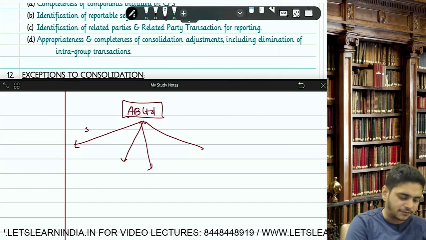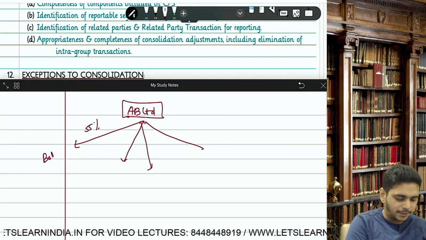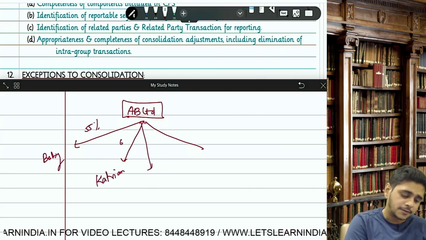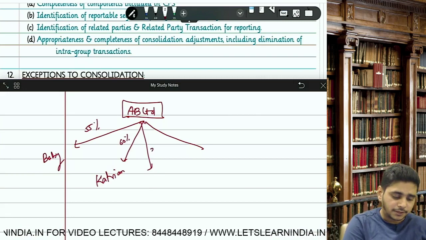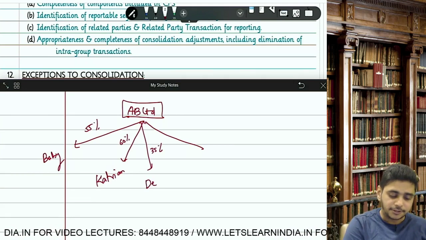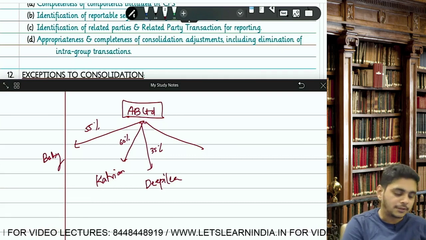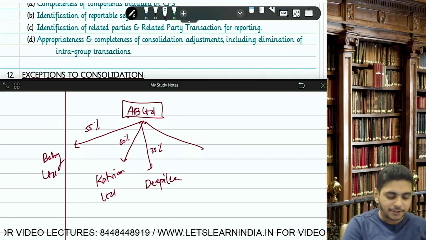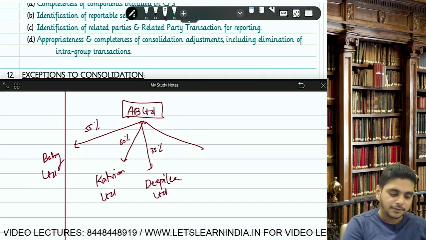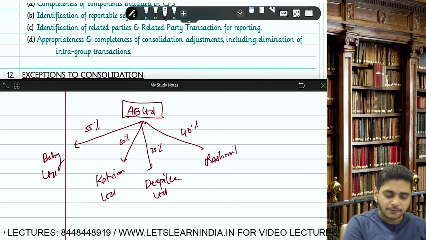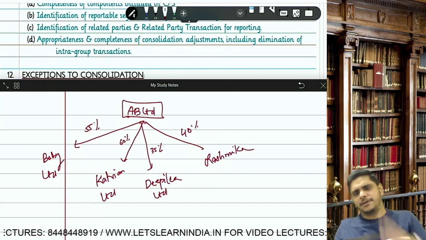So I write here 55% in Baby, 60% in Katrina, 35% in Deepika. All these are limited: Baby Limited, Katrina Limited, Deepika Limited. 40% in Rashmika. I keep on investing.